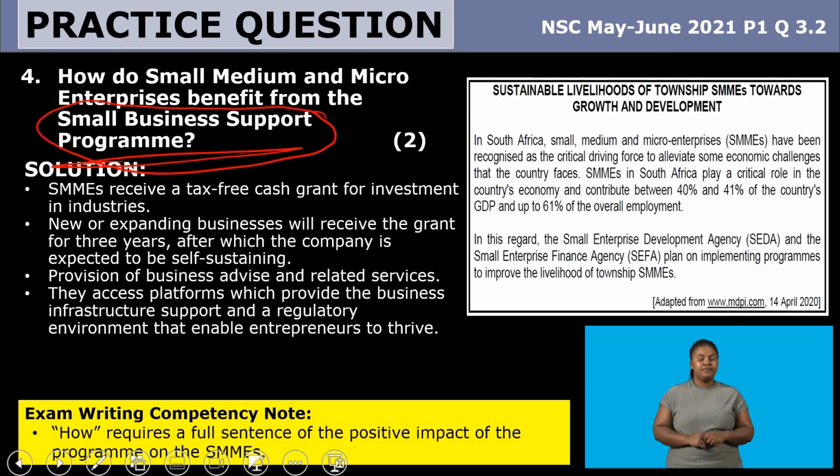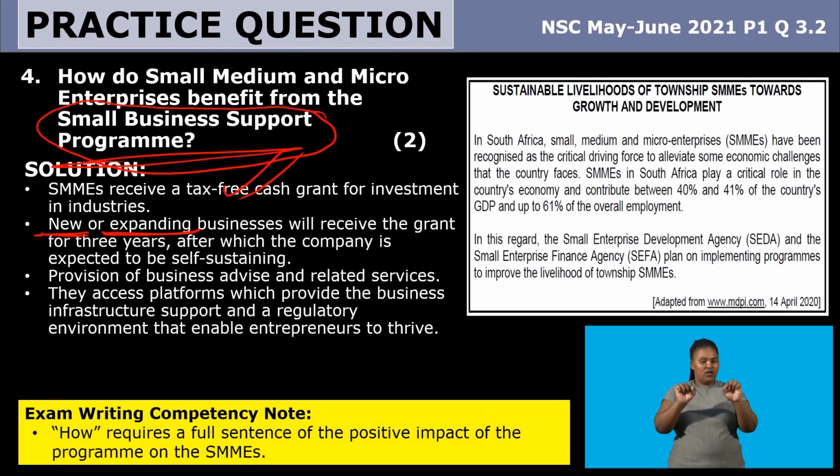SMMEs receive a tax-free cash grant for investment in industries. New or expanding businesses will receive the grant for 3 years, after which the company is expected to be self-sustaining. So this grant can be given both to the new businesses as well as the small businesses that want to expand their operations.